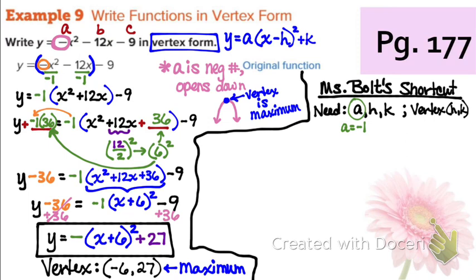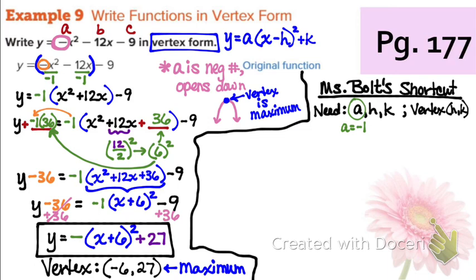Does anybody remember how to find the axis of symmetry? Because the axis of symmetry goes right through my vertex, and it will tell me H. It gives me the x part of the vertex.